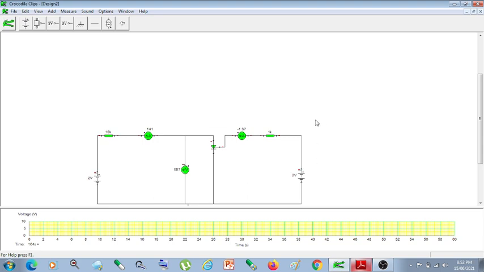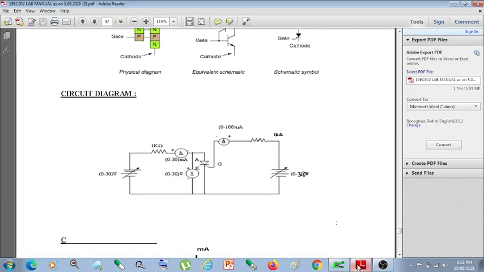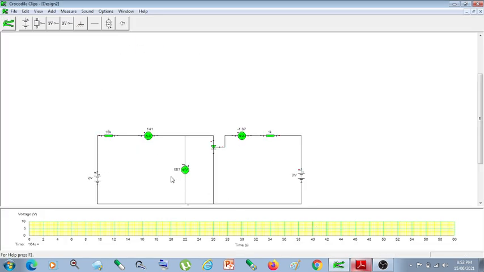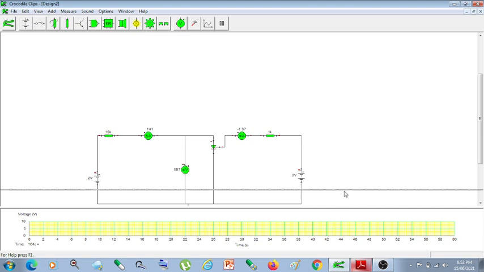Okay, after completing the circuit, we see that the ammeter values have changed. So we can note it down with the help of these values, and we can also see with the help of the probe. So we need to see the graph, right?